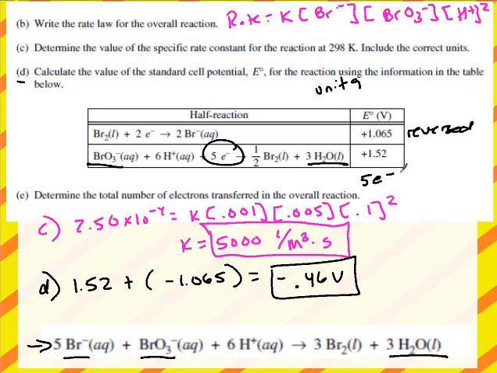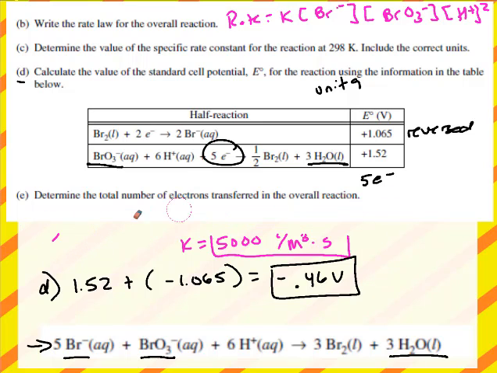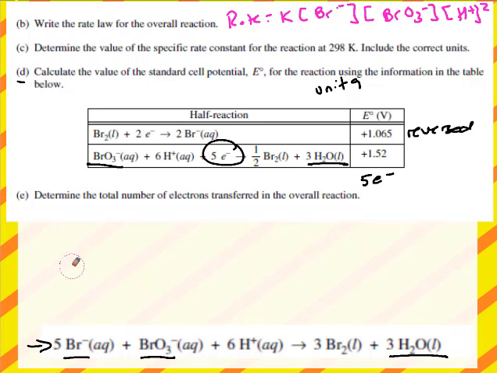But to see how we got that, because 2 is not divisible by 5, so how did we get 5 electrons transferred and not 10? So to do that, we would need to write our balanced equations and add them up.